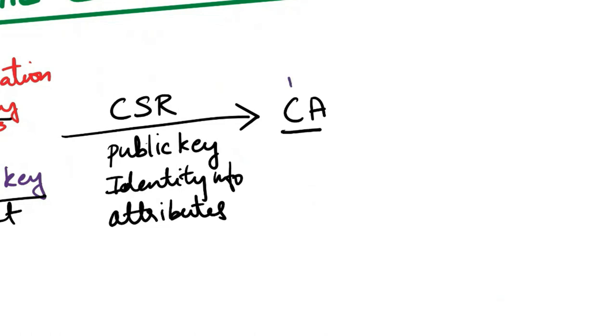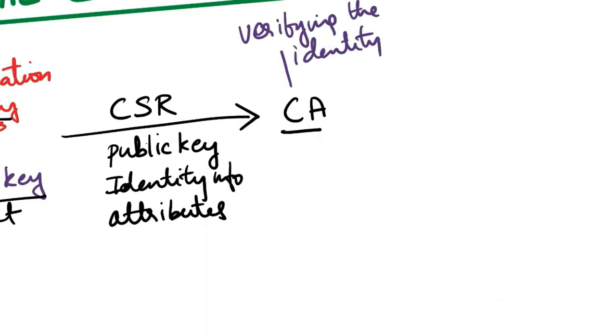Now this CA is responsible for verifying the entity's identity before issuing the certificate. The CA might perform various identity verification checks such as verifying the domain ownership, checking business records, or conducting in-person identity verification for individuals.